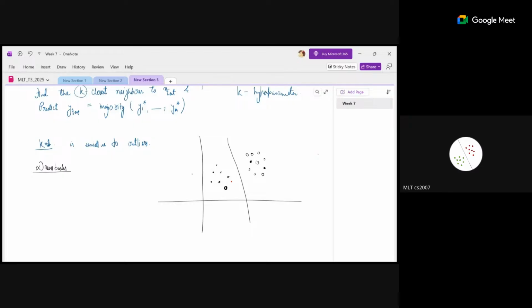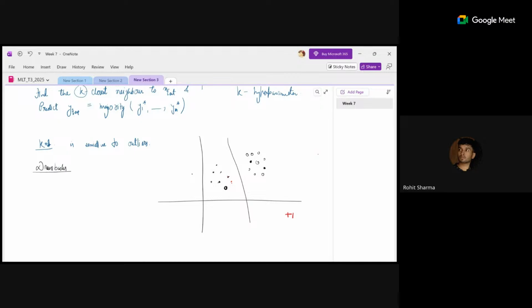If I take k to be 1, then since this test point is on the positive side, it will predict the label to be positive, +1. But what if the true label of this point is actually negative? Just because this point is falling on the positive side, I'm predicting it as positive, but actually it should have been negative.